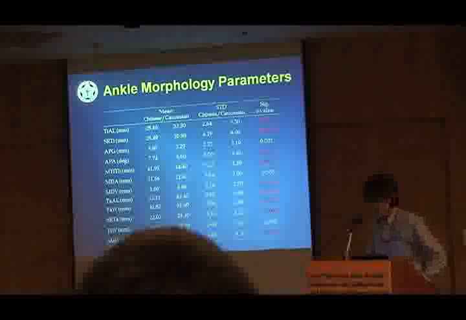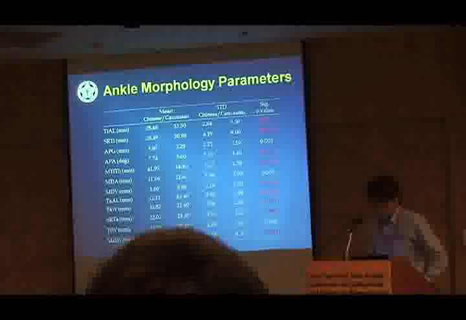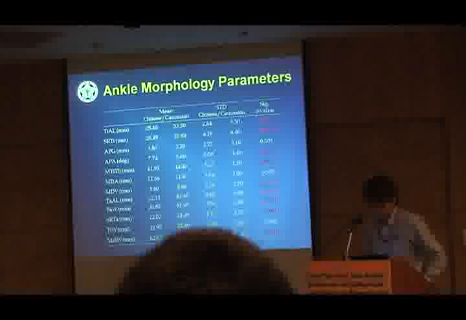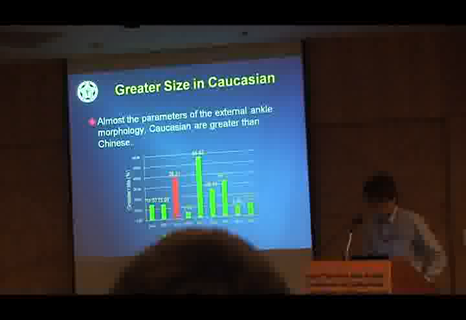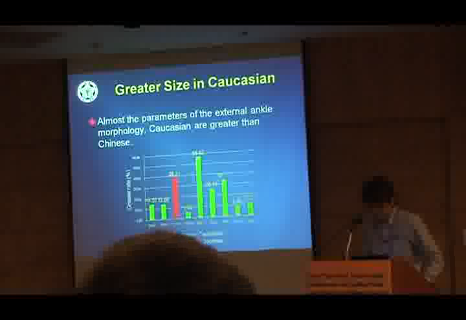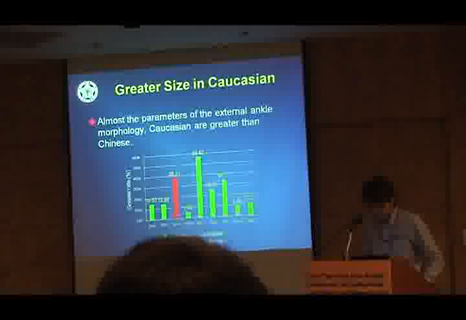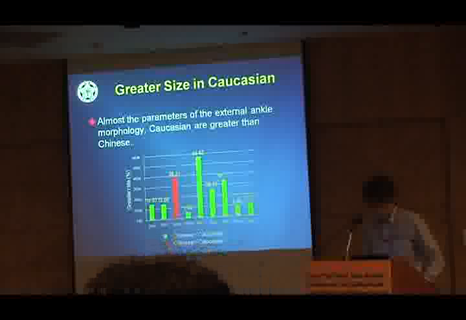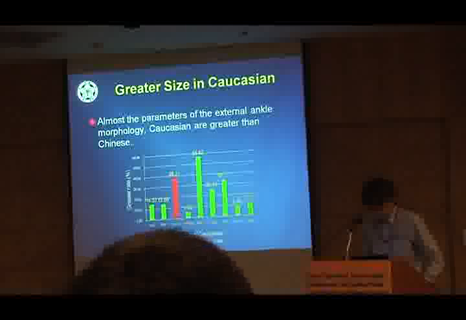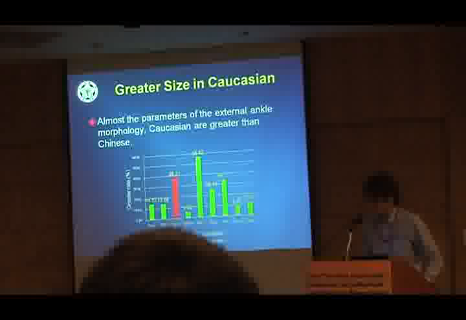The results are shown in the table. As we can see, almost all the parameters have significant differences between the two populations. On the figure, the red bar means the Chinese population is greater than the Caucasian population for that parameter, and the gray bar means the Caucasian population is greater than the Chinese population.